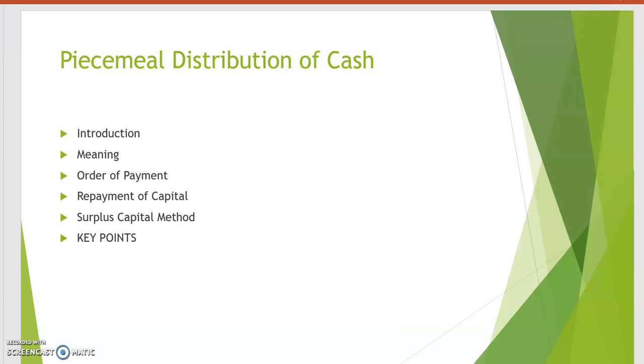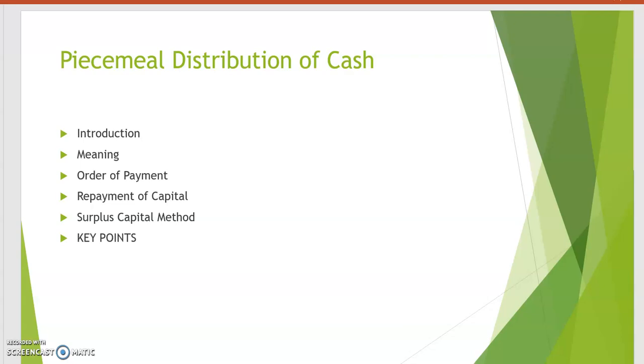Dissolution of firm is a complete breakdown of the relationship of partnership among all partners. However, if this breakdown relates to only a few partners, it becomes the dissolution of partnership and not the dissolution of partnership firm.